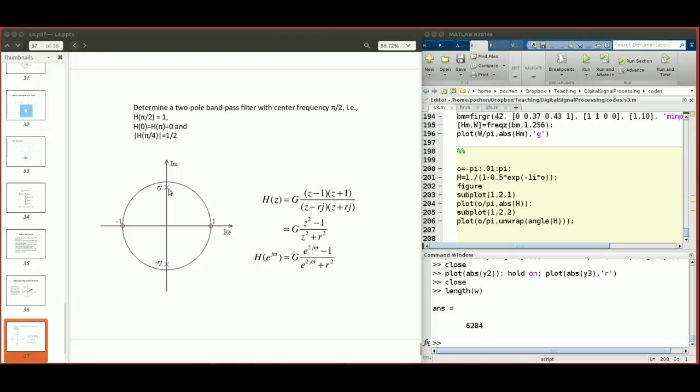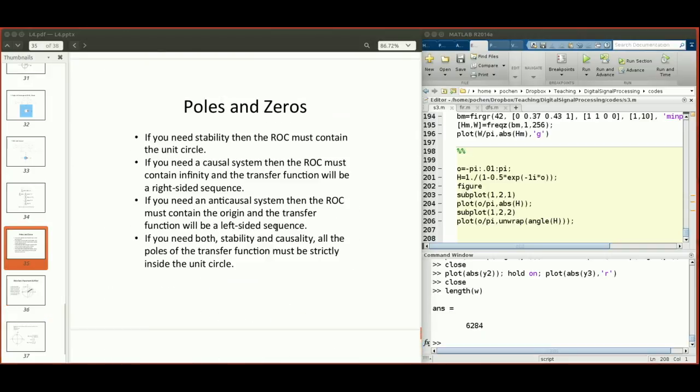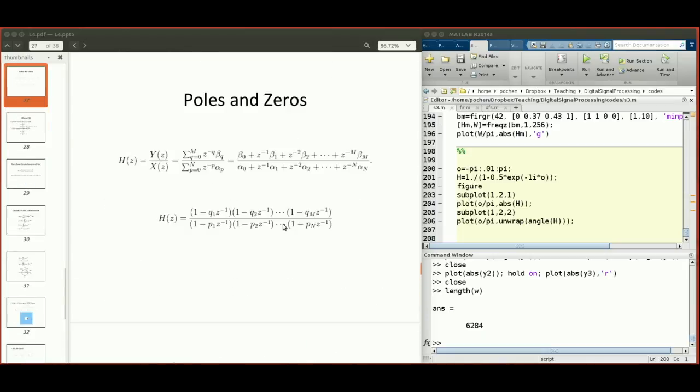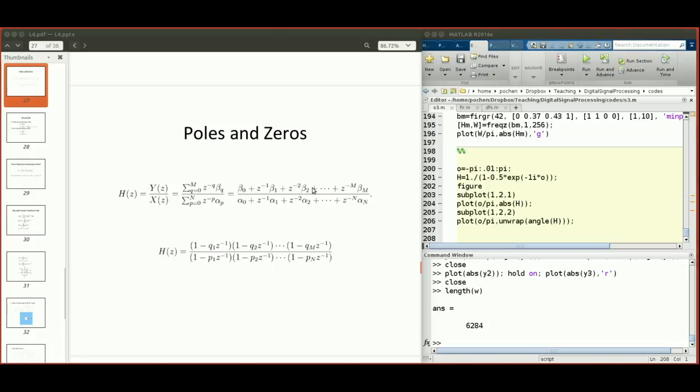Another thing we have to remember is that all the poles and zeros have to happen in conjugate pairs. That's one of the results from algebra. If you have rational functions where the coefficients of all the polynomials are real numbers, then the roots of the polynomials have to occur in conjugate pairs.